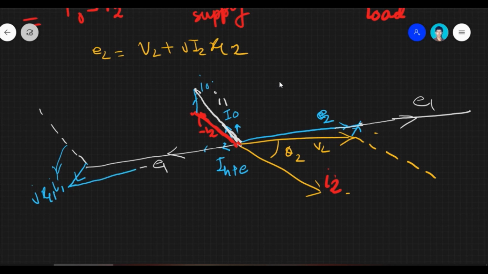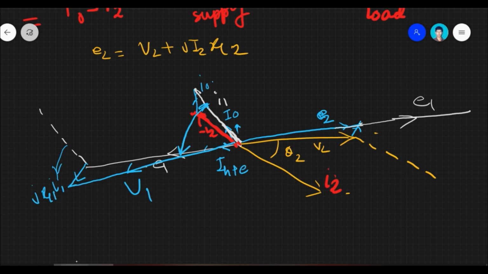Now if we join this, this will be V1. So the primary power factor is between these. This is our transformer primary power factor. It is not the same as theta 2, so this is a practical transformer.